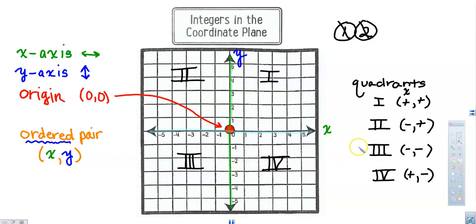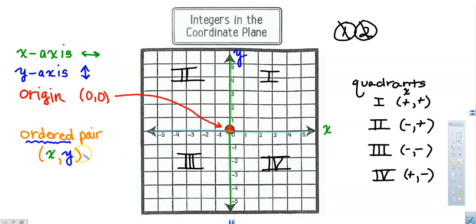So when you're looking at ordered pairs and you're graphing or trying to locate them, you can look at the signs on your numbers that you're plotting and know exactly what section to go to plot it based on just the signs alone. So that should have given you a little background about a coordinate plane. Horizontal and vertical axes that meet in the middle at the origin, 0, 0.